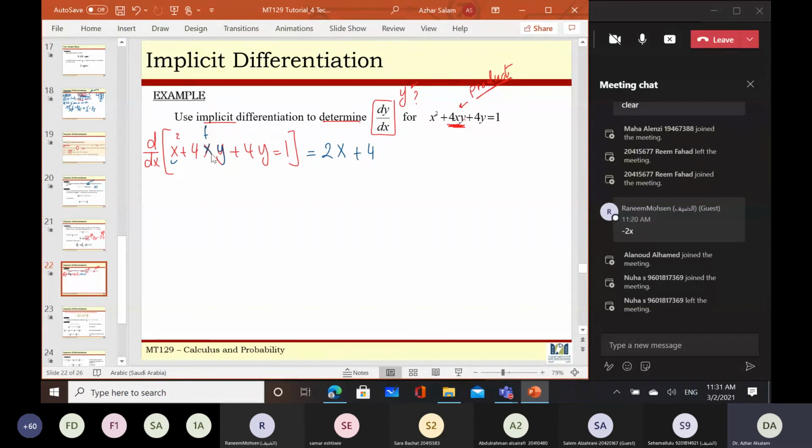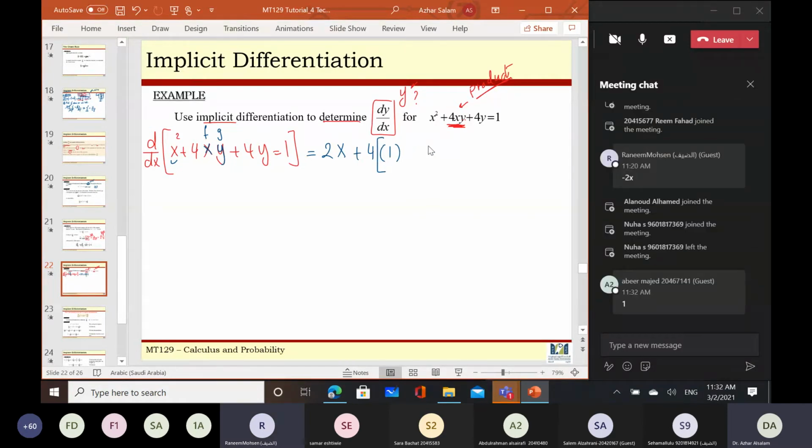I will consider the first as f and the second as g. معناتها راح أكتب هنا مشتقة الأولى، مشتقة الx. What's the derivative of x? The derivative of x is 1. I will write a bracket here, because the whole derivative will be multiplied by the 4, so I don't forget that the 4 is multiplying two terms added together. Then I keep the first term as it is, multiplied with the derivative of y.